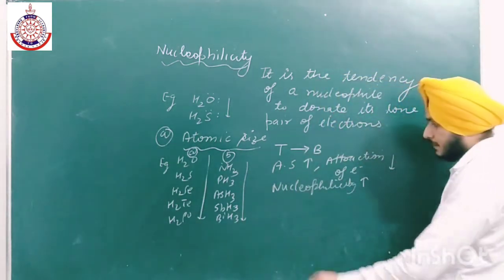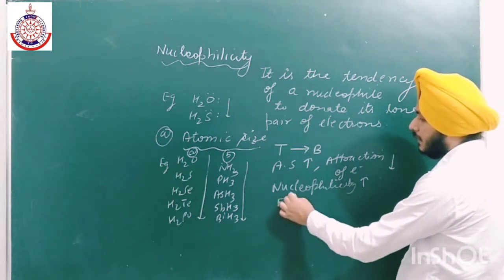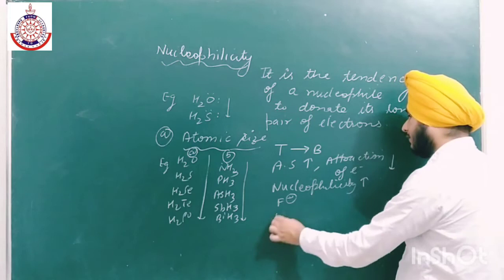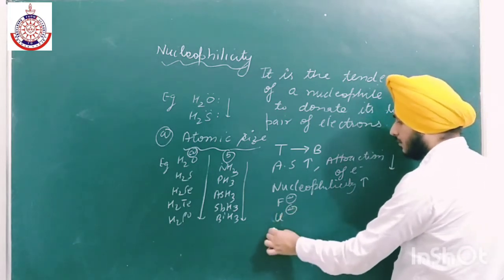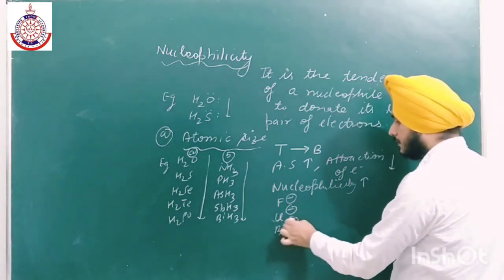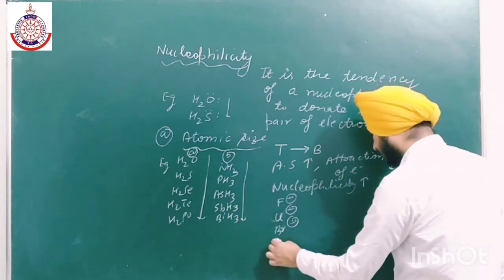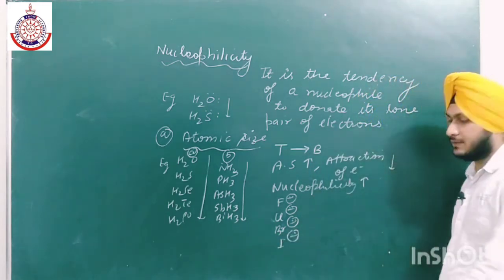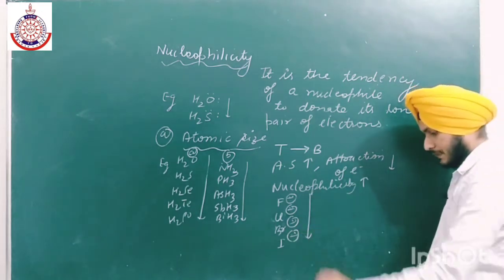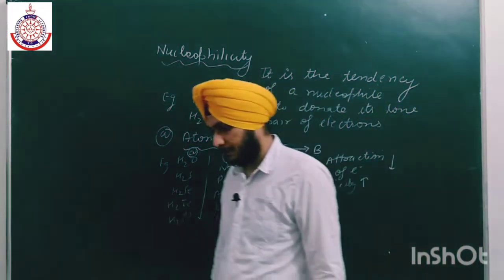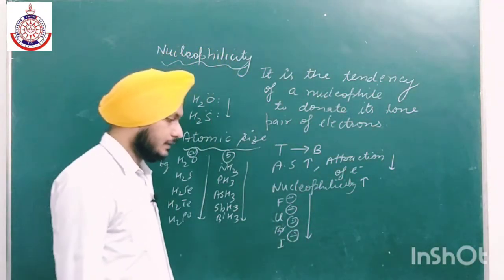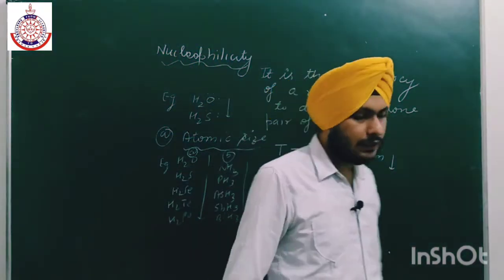And the third example is quite important. Like we have F negative with lone pair, Cl negative with lone pair, Br negative with lone pair, and we have I negative with lone pair. Again, as we go from top to bottom, the atomic size will increase. That is why the nucleophilicity will increase.